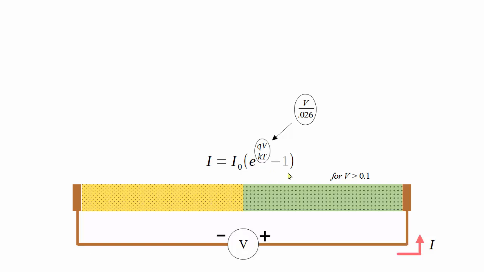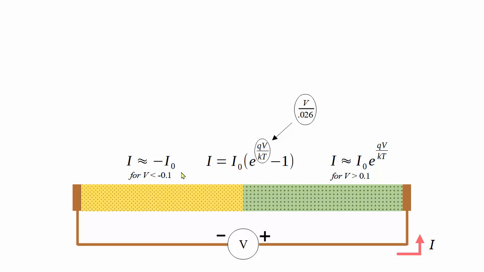Then the current is just an exponential function of V. When V is more negative than about minus 0.1 volt, the exponent term is close to 0 and can be ignored. Then the current is just minus I naught, the reverse saturation current.